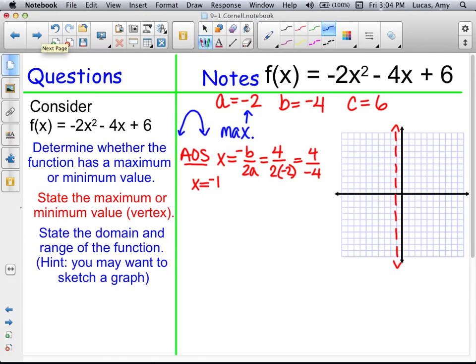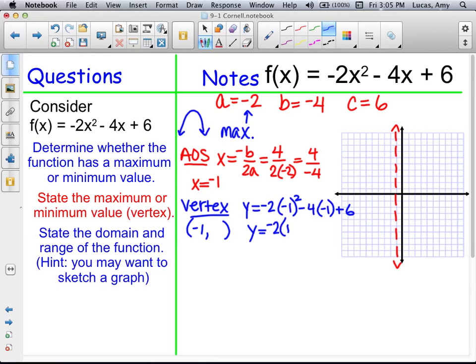Now, to find the rest of the vertex, I am going to need to take that negative 1 and plug it in. So y equals, I plug in negative 1 for each of the x's, and I need to solve using the order of operations. Negative 1 squared is 1, so I do the exponent first.